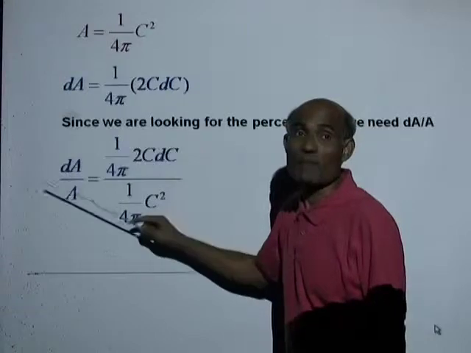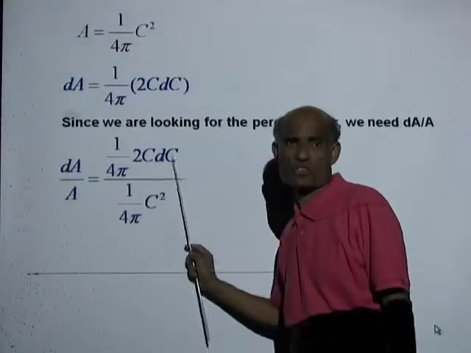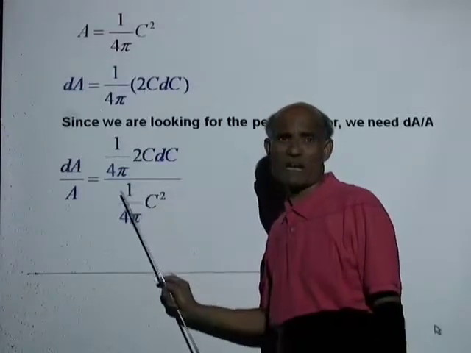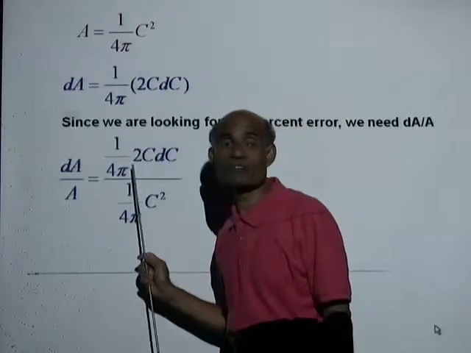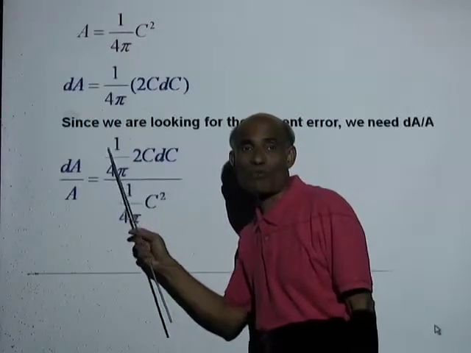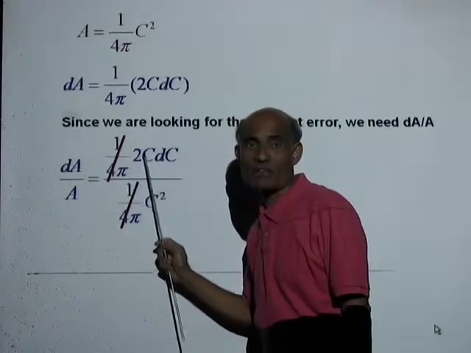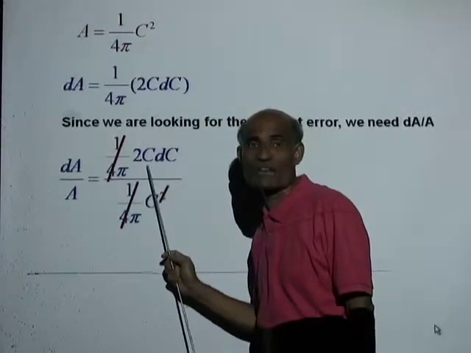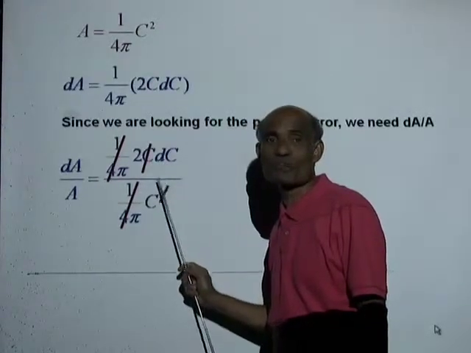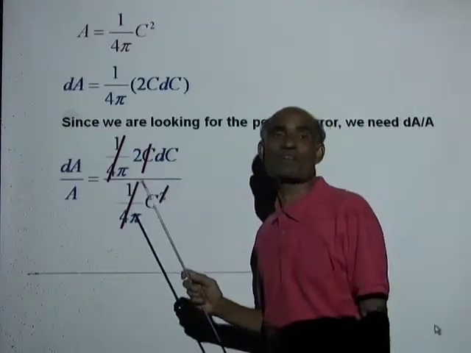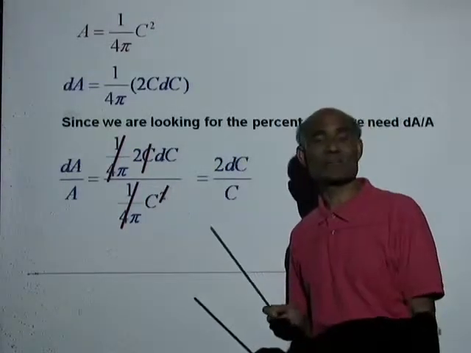So dA by A equal to, this is dA, and this is A. And what is the advantage of writing it like this? Look at that. 1 over 4 pi will cancel there right away, and one C will cancel, leaving a 2 dC in the numerator and a C in the denominator. So that will be 2 dC over C.